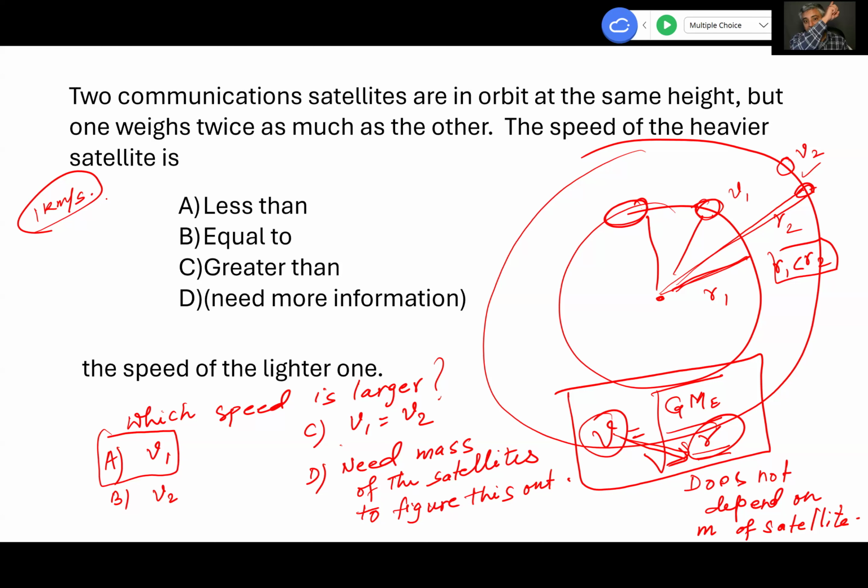The Moon, being farther, has a speed of only around 1 kilometer per second. So the closer the object is to the Earth, the faster it must move to keep in orbit. Otherwise, if it goes slower, it's just going to crash on the Earth.